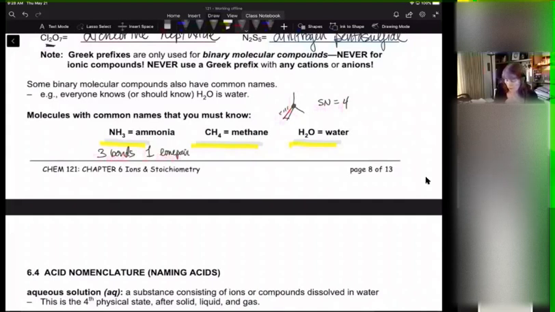Carbon had 4 bonds, and water had 2 bonds and 2 lone pairs, right? So I'm just trying to tie in what you know about these molecules, and now we're giving them names. So you need to know ammonia.